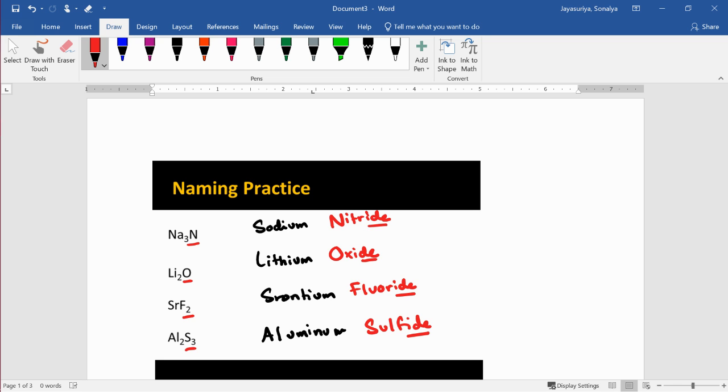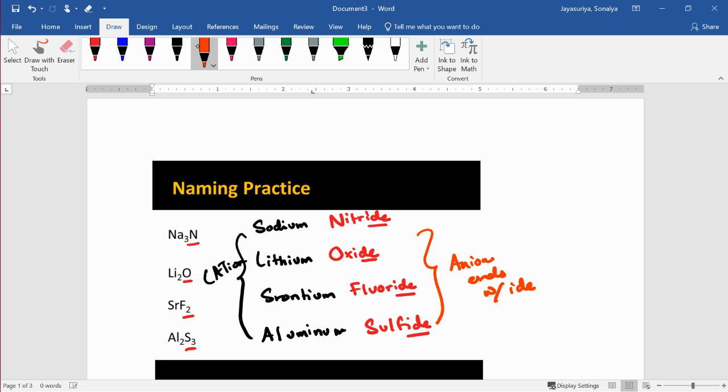The cation stays the same as the element name, and the anion ends with "ide." That's for elements. If you find the element itself, the anion will end in "ide." I'm stressing that it's for elements because we're going to change it in just a second.